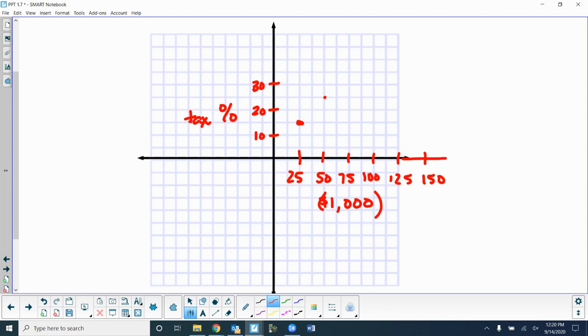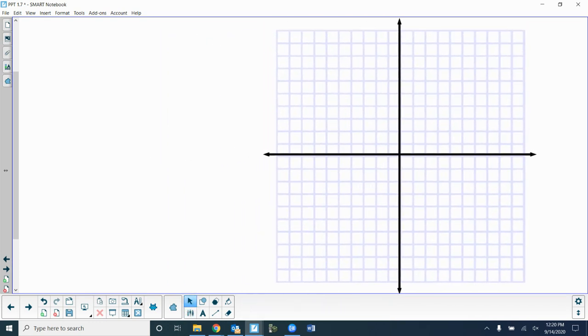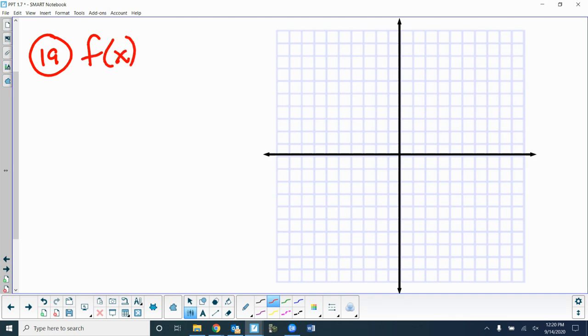Okay, 19 and 20 are a little trickier. So let's go over those two. So 19 was f of x is the square root of x. And then it says this with it, doesn't it? If I remember right? Yeah. So what's this telling you? x is greater than or equal to 0.